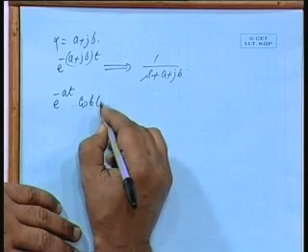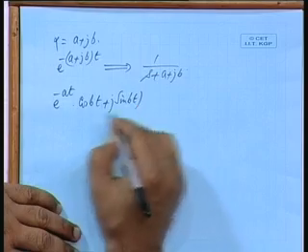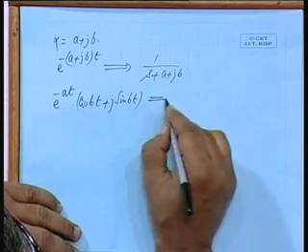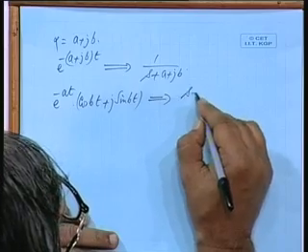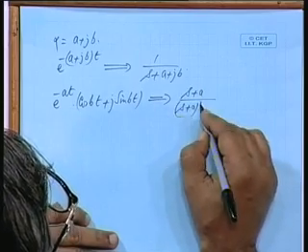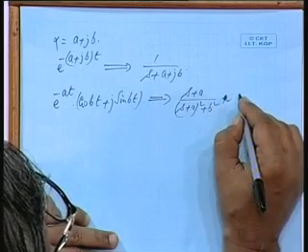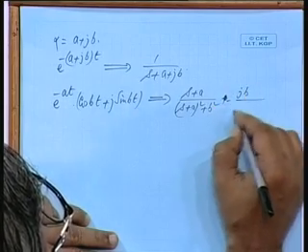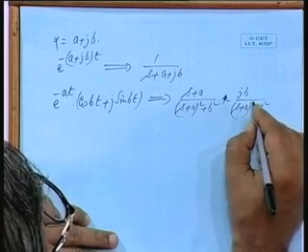Cosine b t plus j sine b t. Okay. So on this side, if I separate out the real and imaginary parts, it will be s plus a by s plus a whole squared plus b squared, minus j b by s plus a whole squared plus b squared.